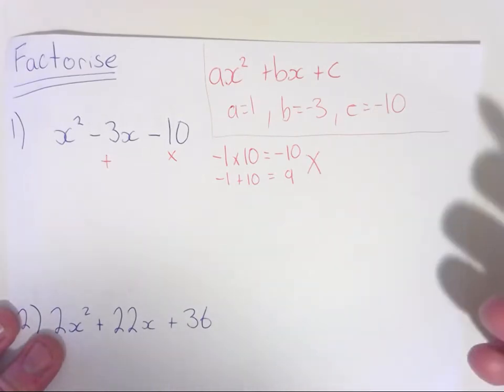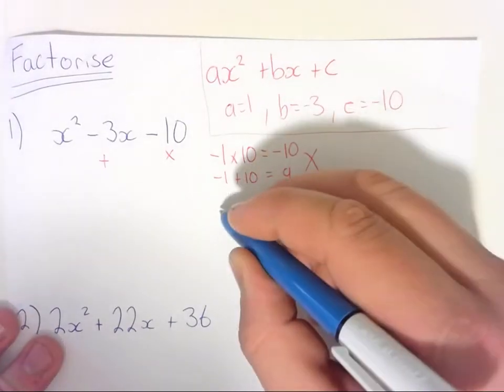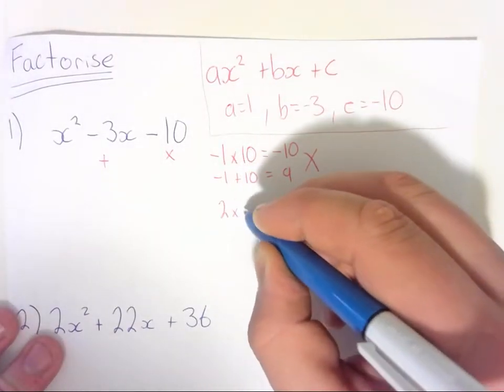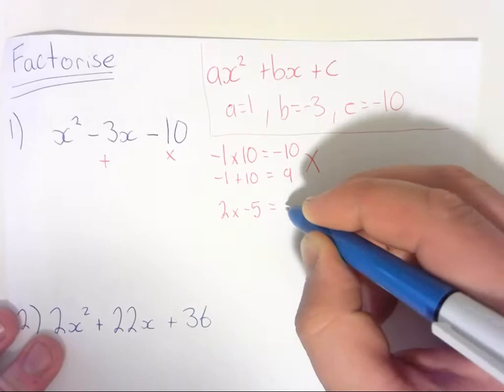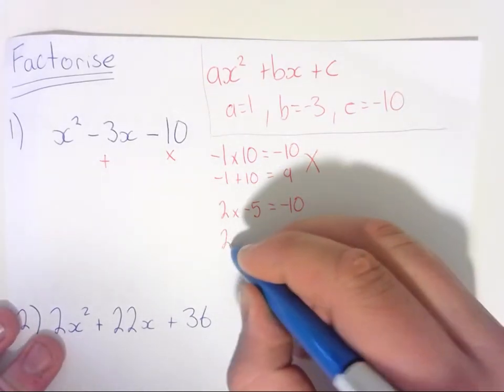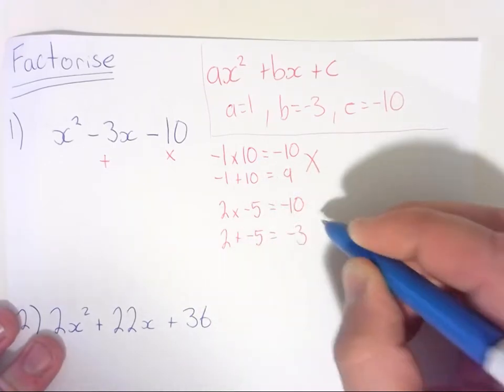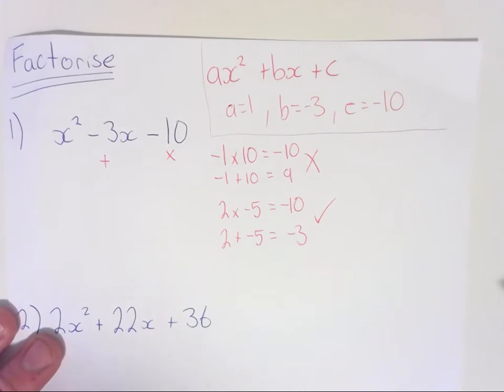What's another couple of numbers that multiply to equal -10? Well, we know 2 by -5 equals -10, and 2 plus -5 is going to give me -3. So that is my correct answer.